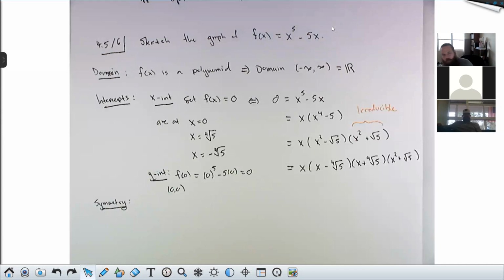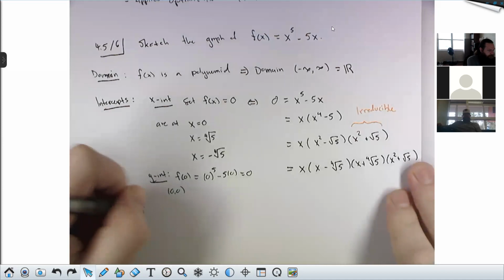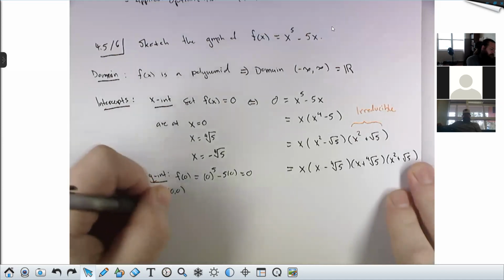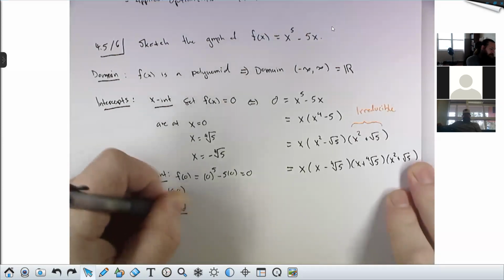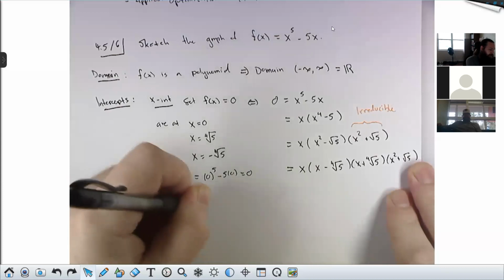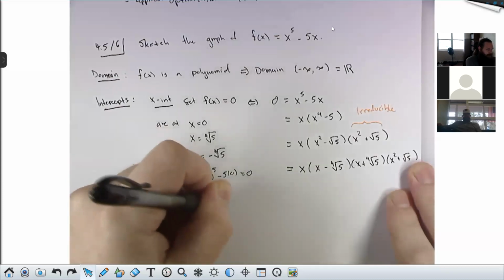This guy is going to be an odd function. So f of x here is odd, which means we will have origin symmetry.